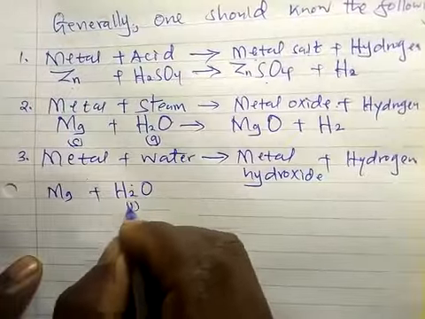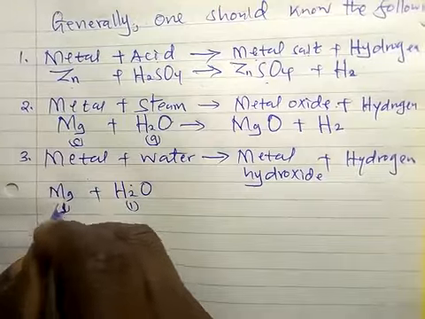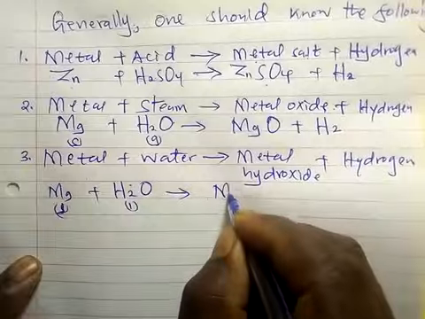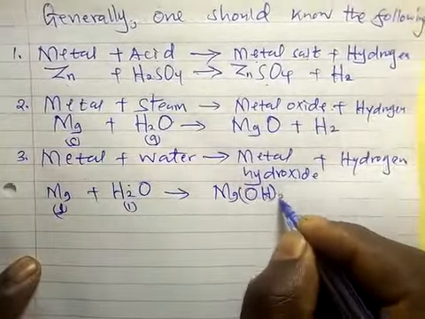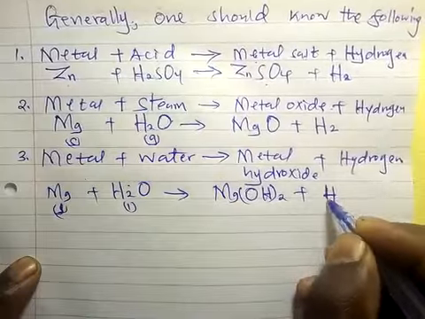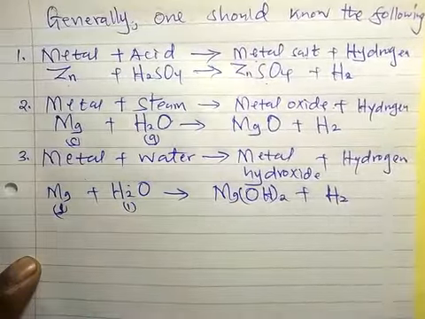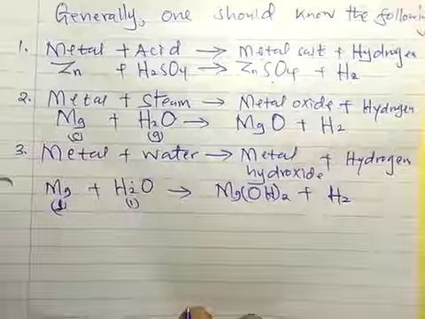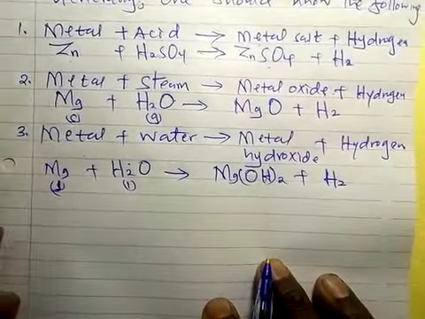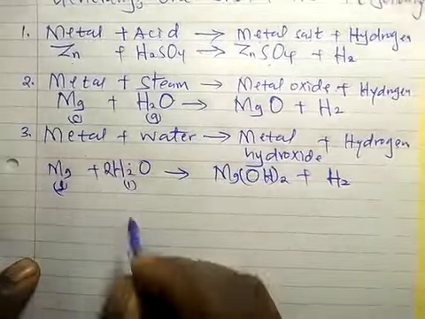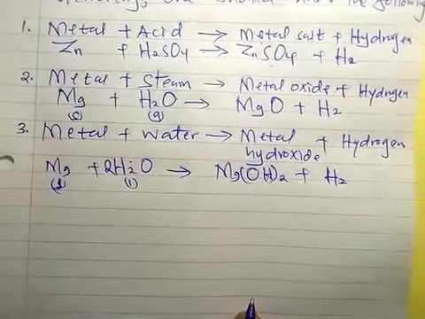Now this water is in liquid form. This one will give you magnesium hydroxide plus hydrogen gas. The equation will need to be balanced, so we are not talking about the balancing, but that's how the equation will be. We have to put 2 here to balance the equation, as simple as that.